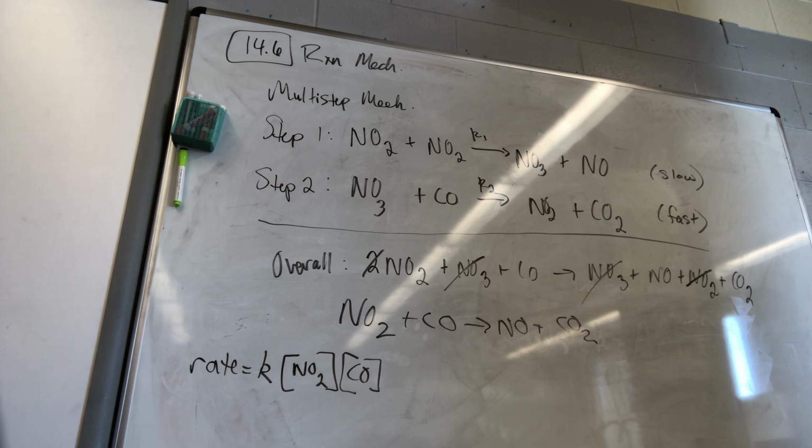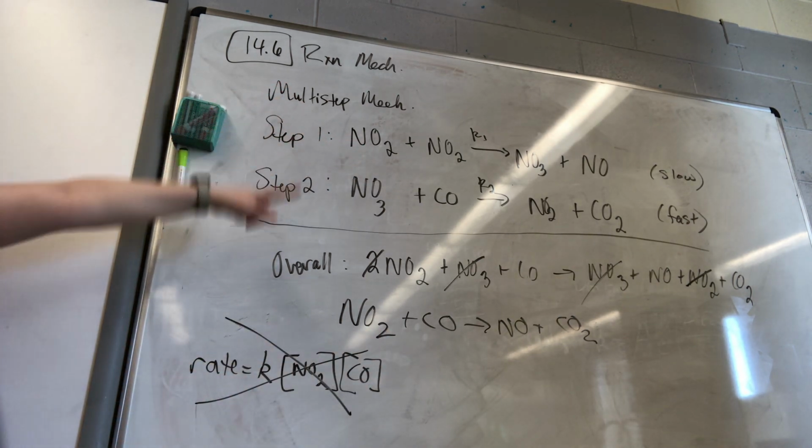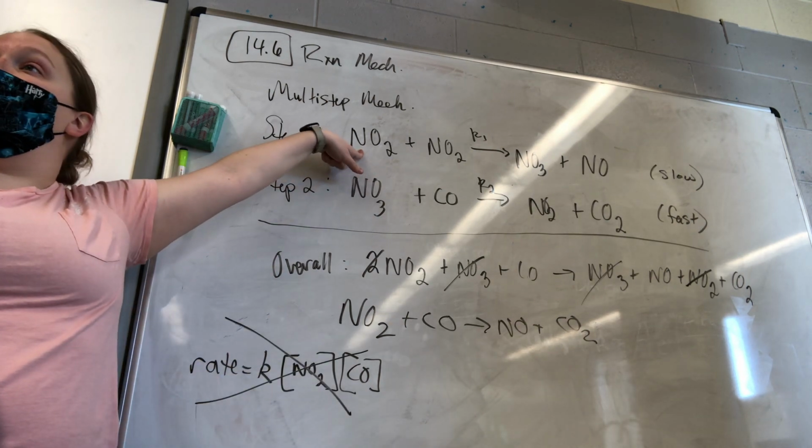So this is what we would typically write. In a multi-step mechanism, however, we have to take into account the slowest step, because the slowest step determines the goal. The slowest step is how fast you can go. So in reality, this can't work. There's no carbon monoxide in my slow step.